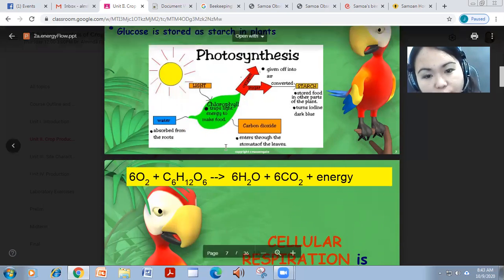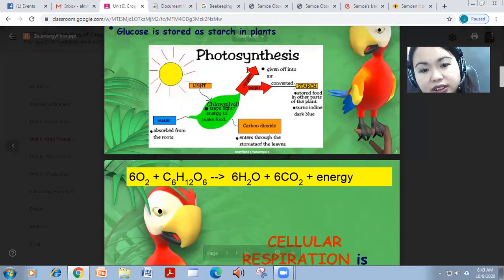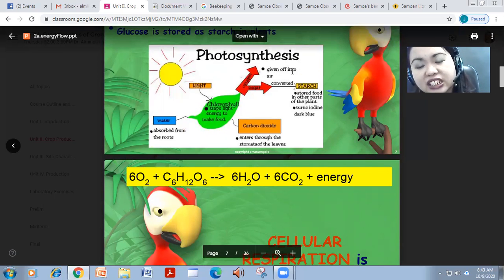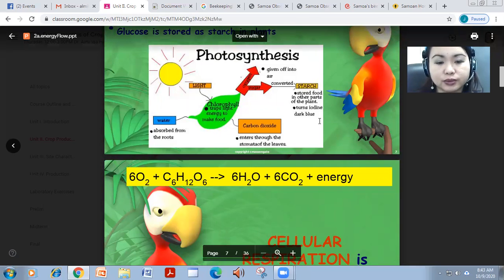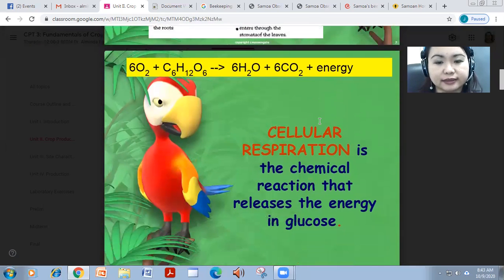In that way, they release oxygen, which is given off into the air and which we breathe, and sugar is converted to starch, stored food in other parts of the plant, and turns iodine dark blue if you analyze it.